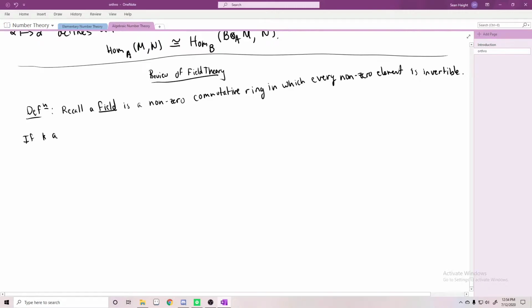Let's say little k and big K are fields. And let's say I've got little k is contained in big K as a subring. So they have the same 0 and the same unit.